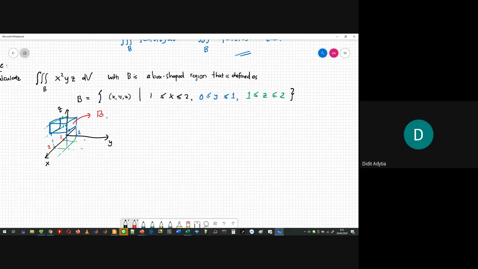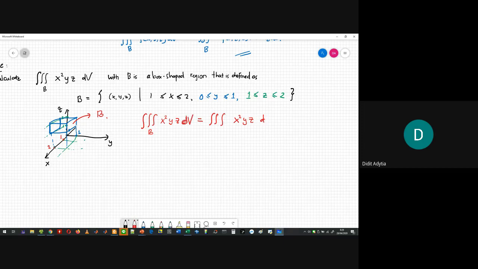Okay, now we define the integral. What is the integral? So the integral over the b of the function x y z dz. Okay, and then we define as previously, this is x squared y only, and then z d, sorry, ini bukan dz ya, dv, this is volume, dV.